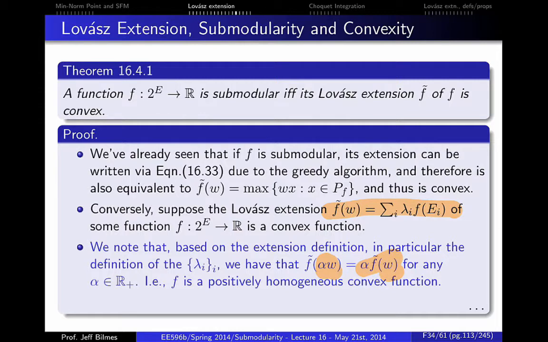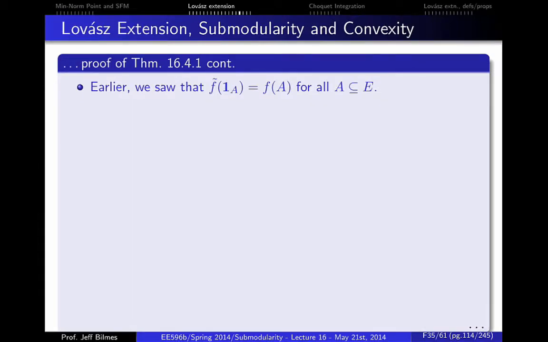It's only positively homogeneous because if alpha is positive, the sorted order is exactly the same. If alpha is negative, it reverses the sorted order. So this doesn't hold when alpha is negative, since we get a completely different set of valuations. But when it's positive, we can do this. So it's called positively homogeneous. And we need the positive homogeneity to show that when this function is convex, the corresponding function is submodular.